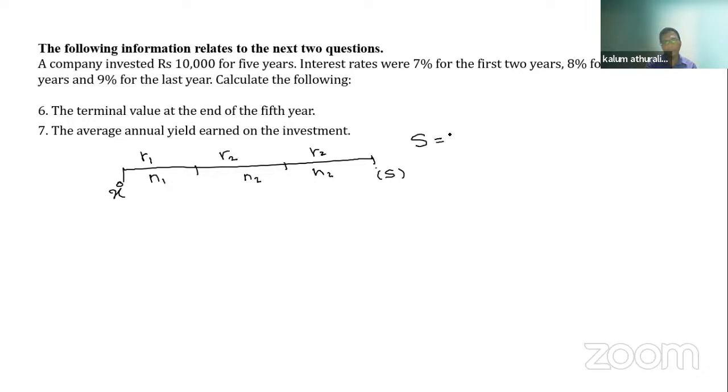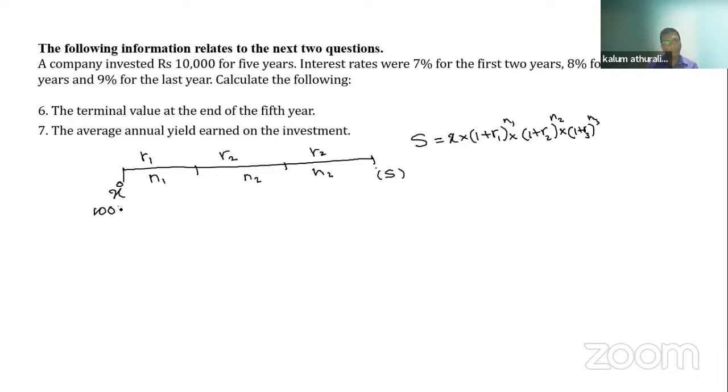S equal X times (1 plus R1) to the power N1 times (1 plus R2) to the power N2 times (1 plus R3) to the power N3. This is the formula. Then here X is 10,000.